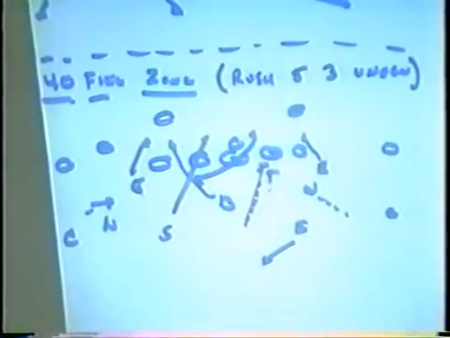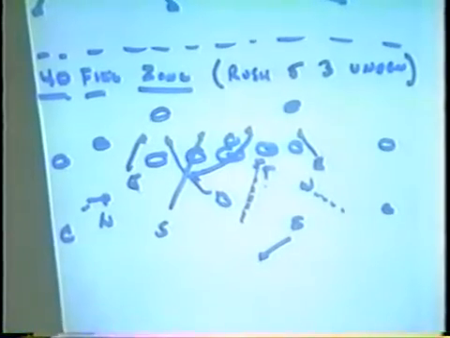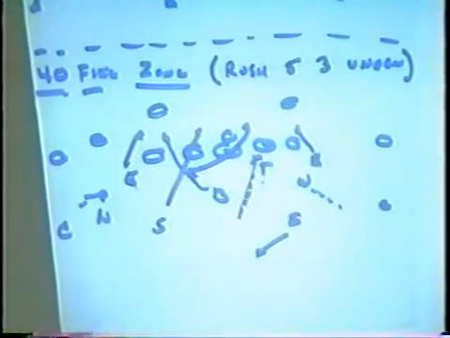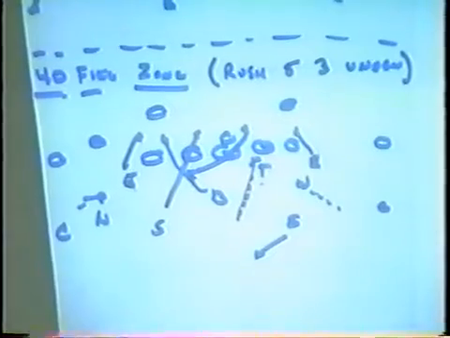Now, people who do this a lot play 3 under zone some, but you know, that's getting a little hairy. And I don't really believe in that a lot, because I'd like to be able to fix responsibility when somebody throws into a short zone, and if you don't have anybody to play it, and you're trying to play 3 under instead of 4 under, then I think you're asking for some trouble.